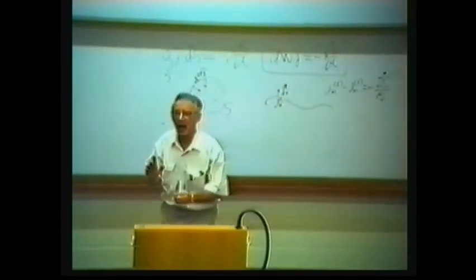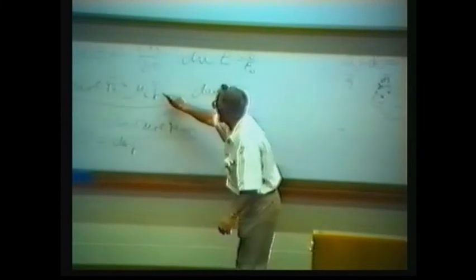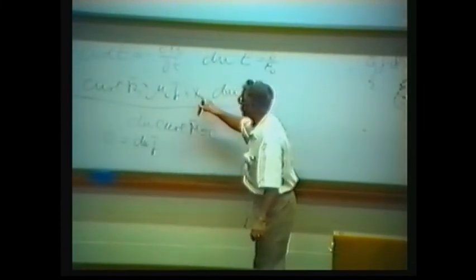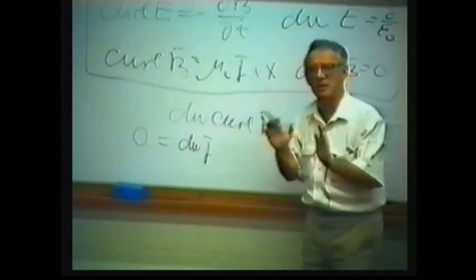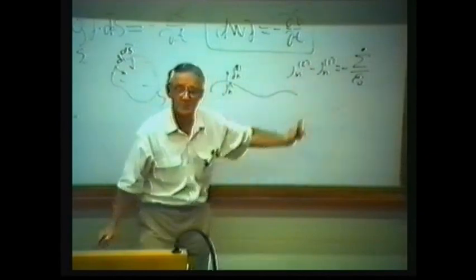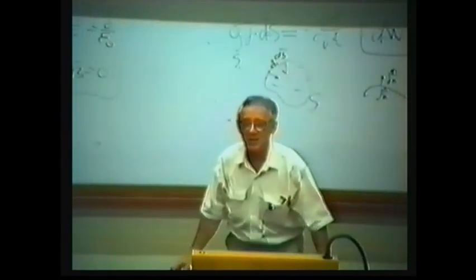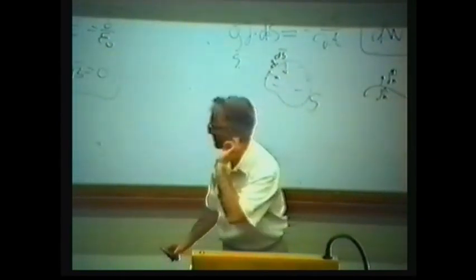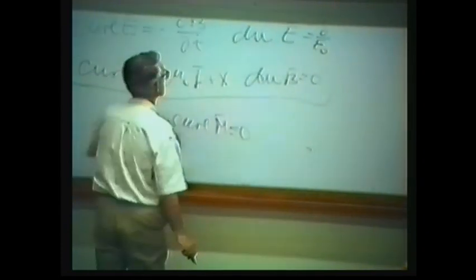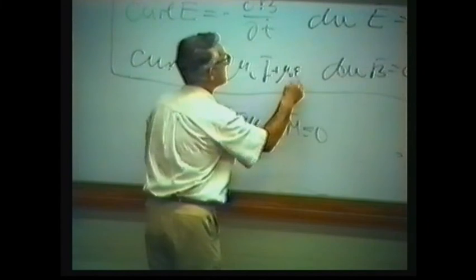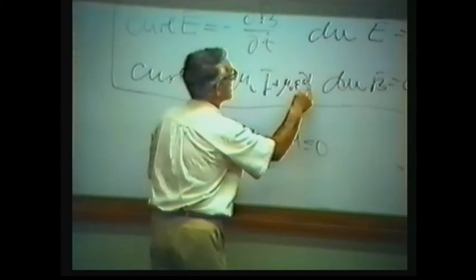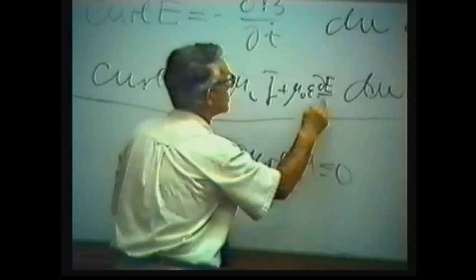And he discovered what he had to add to the right part in order to make this equation in complete agreement with the principle of charge conservation. And this term has the following form: plus mu naught epsilon naught dE dt.